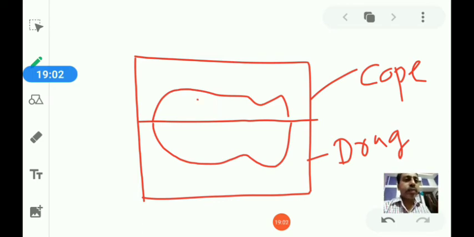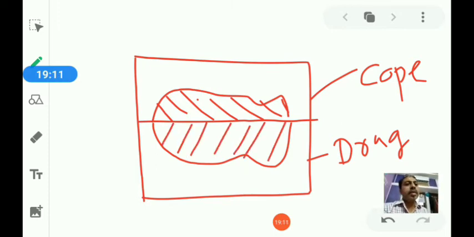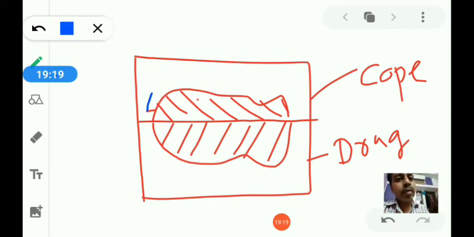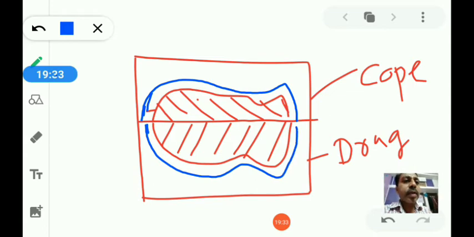So this is fitted into the cop and this is fitted into the drag. But sometimes what happens, suppose this cop is misplaced. Okay, suppose it will come like this, and this lower part will be misplaced from its positions. Then our product can be created with some defects like this. So we will not get the exact product.